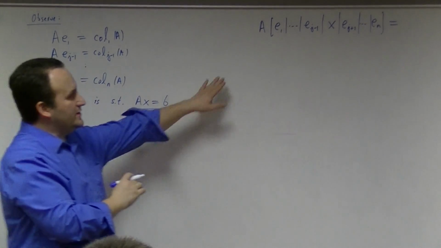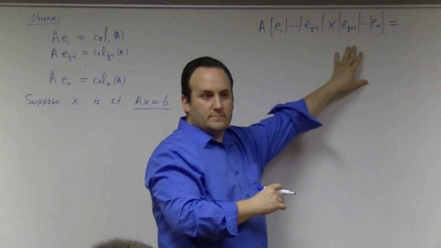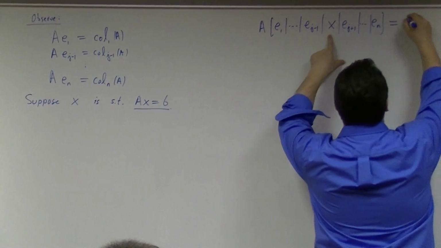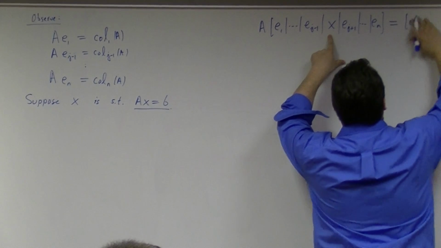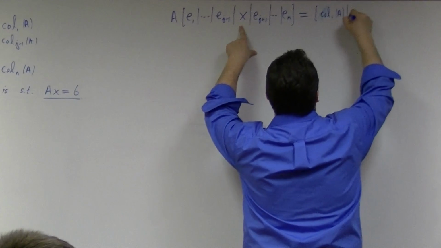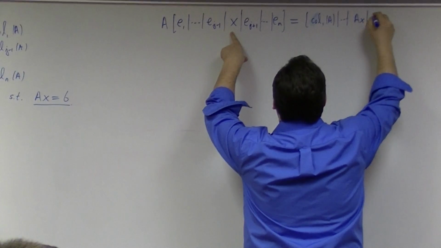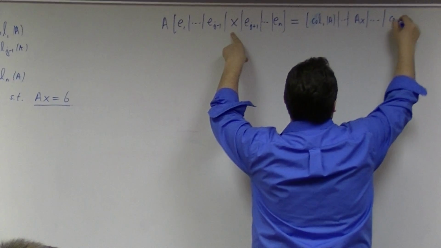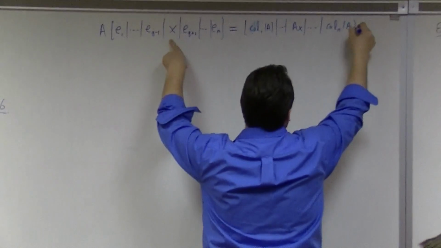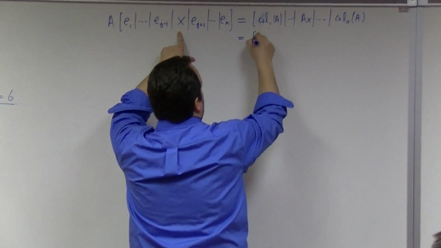What happens when you multiply A times this matrix? Everything except for the jth spot is simple, right? You get column 1 of A, and so forth, until you get to AX, and then you go all the way out until you get to column n. I'll skip the ones before and after the jth spot because they're just the columns of A. But what is AX equal to by assumption if X is a solution?